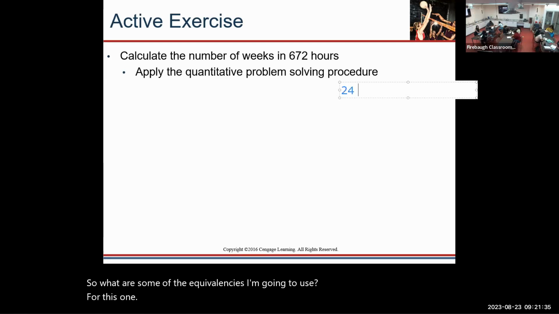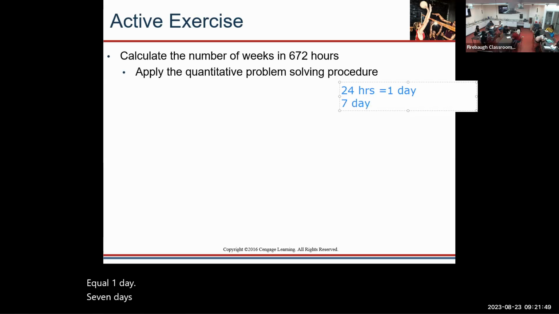So we have 24 hours equal 1 day. 7 days equal 1 week. Okay?